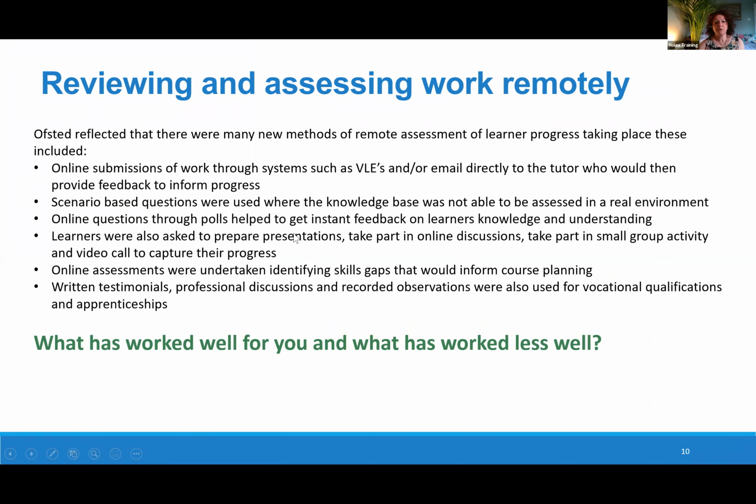So when reviewing and assessing work remotely, Ofsted reflected that there were many new methods of remote assessment for measuring learner progress and how they were doing on their journey, and they were taking place in a variety of forms. Some of them were online submissions of work through systems such as virtual learning environments, and in some cases email directly to the tutor, who would then provide feedback to inform progress.